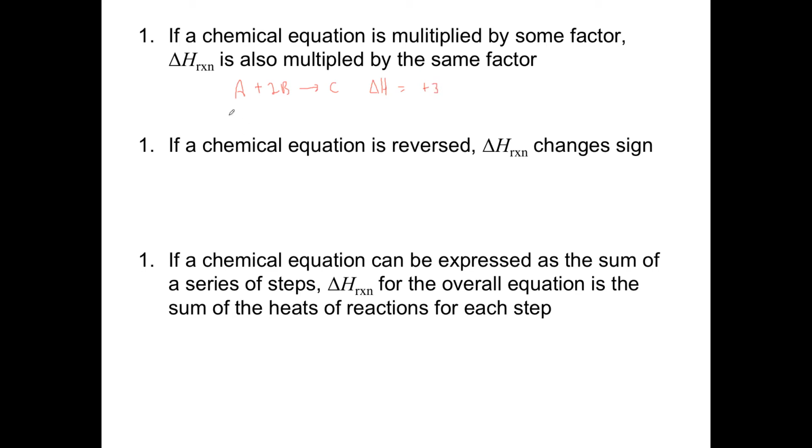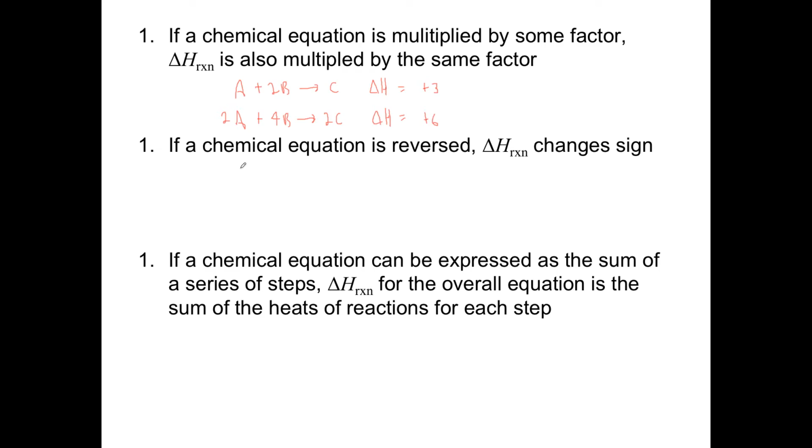Let's do that, okay? Then you tell me what is going to be the change in enthalpy for this reaction: 2A plus 4B produces 2C. I hope you said it out loud. It's +6. Good. So if a chemical equation is multiplied by some factor, can you see what factor I multiplied this whole thing by? 2, right? Then the change in enthalpy of the reaction is also multiplied by the same factor. All right, just like you might expect.